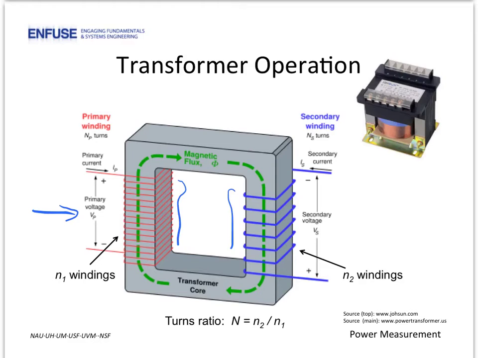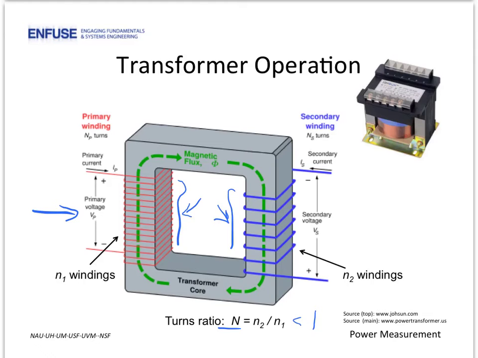For example, in this figure, we see there are fewer turns in the secondary than in the primary. As a result, the voltage at the secondary will be n times, where n is the turn ratio, and in this case less than 1, the voltage at the primary.